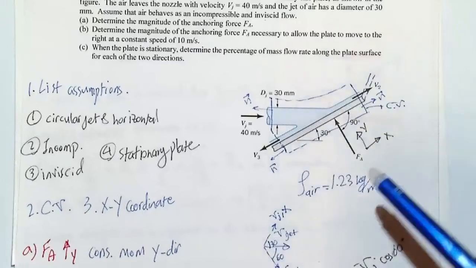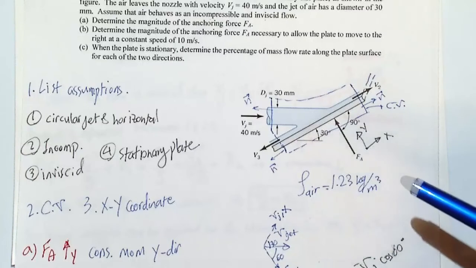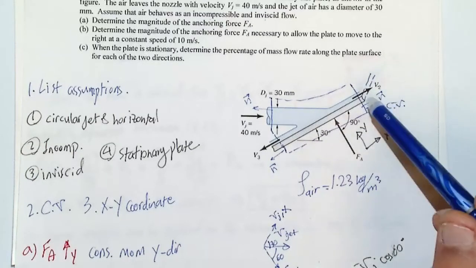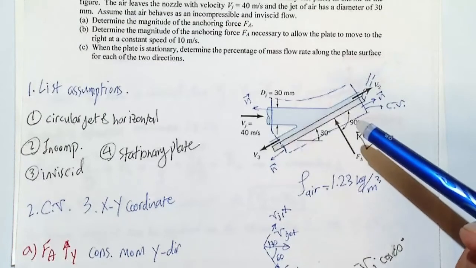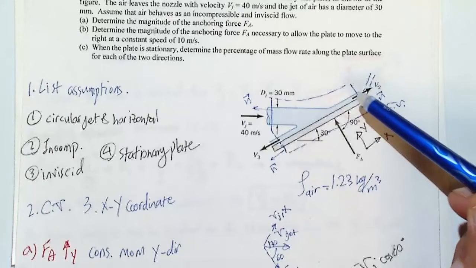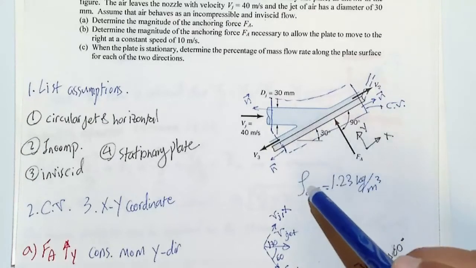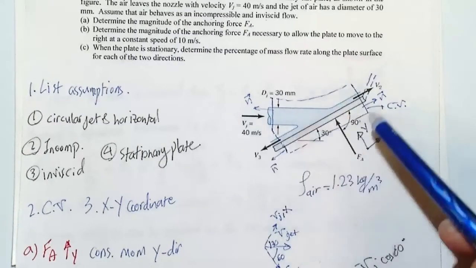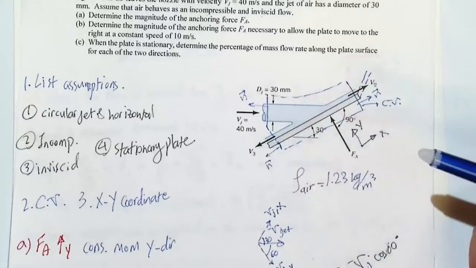But now you found that if you write down the conservation of mass, that's not enough, because you have one equation and you don't know what the areas are here and here, right? You don't have the thickness, and you don't know what the velocities are here. But now with the streamlines and Bernoulli's equation, you found that Vj is V2 and V3. So V2 and V3 should be 40 meters per second.